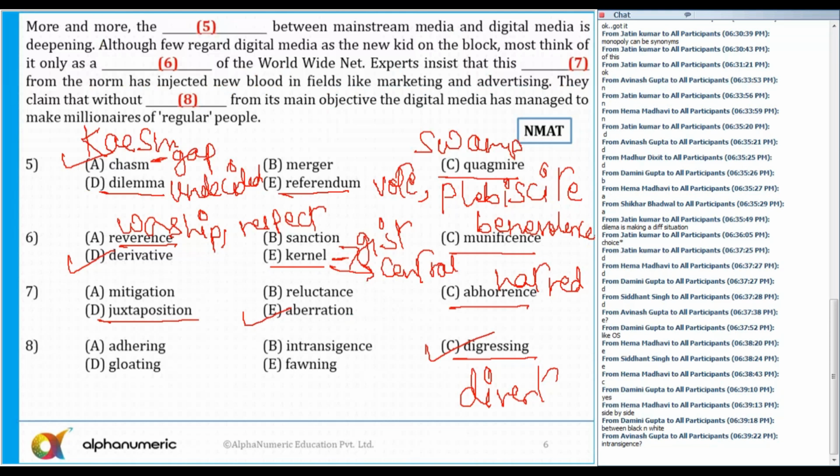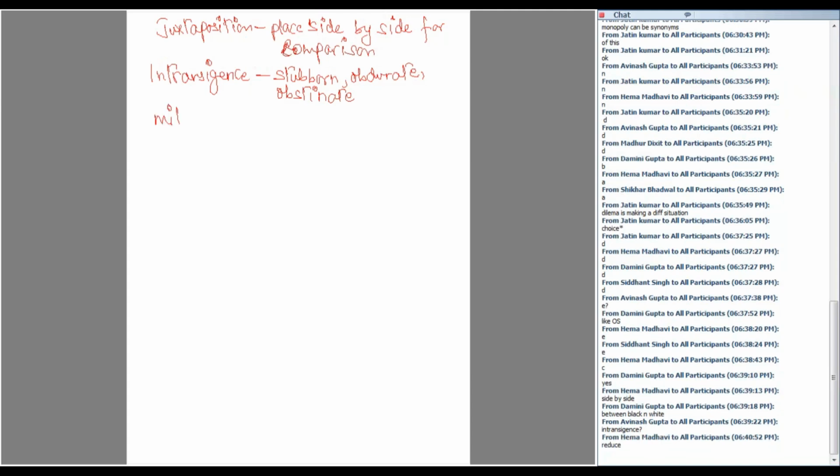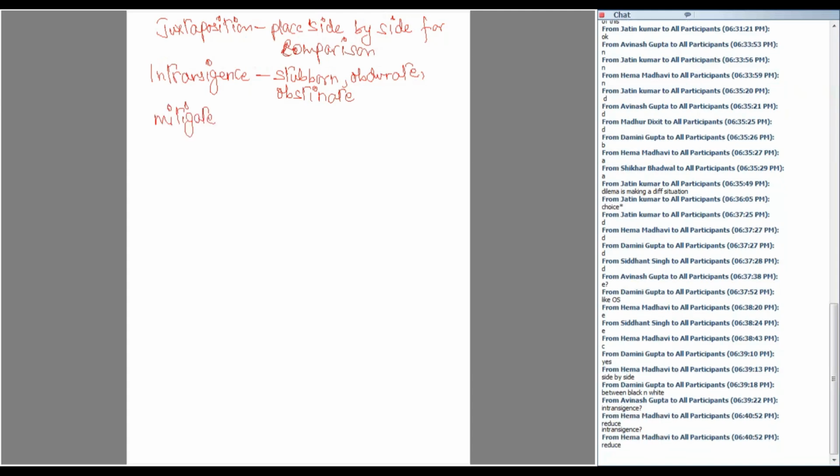Other words here like, you know what is mitigation? Mitigation, gloating, fawning. I think other words we have discussed. Mitigation. What is mitigation? Yes, mitigate. If you mitigate, that means you reduce.